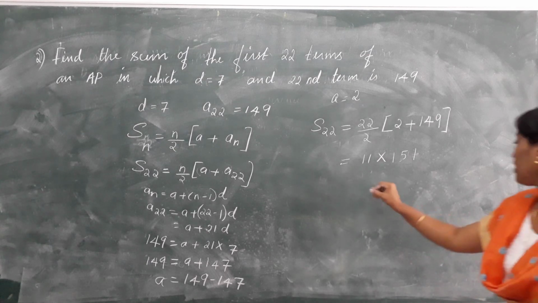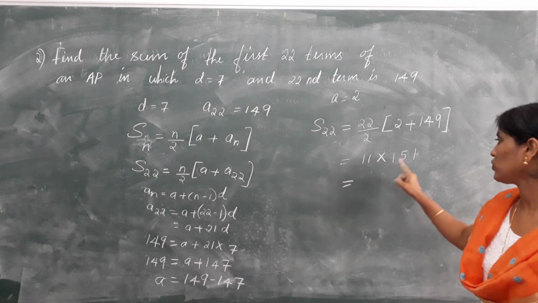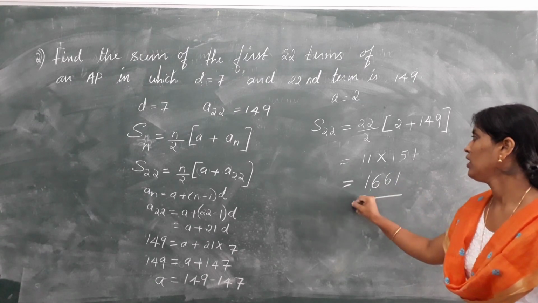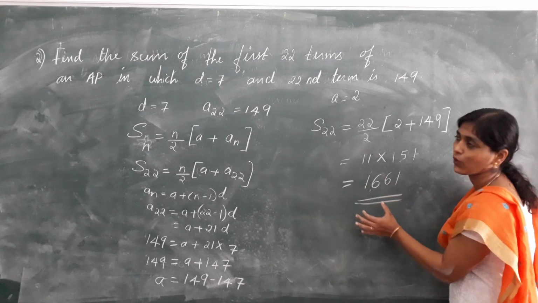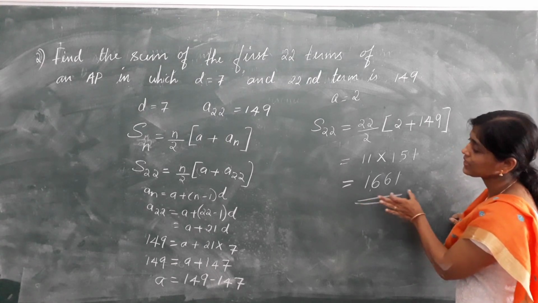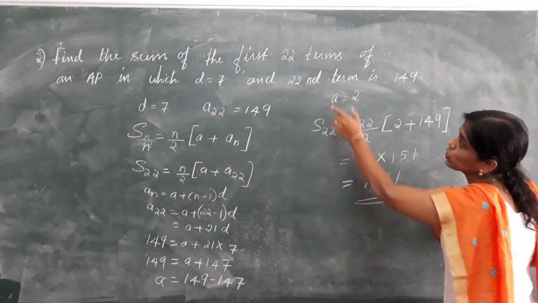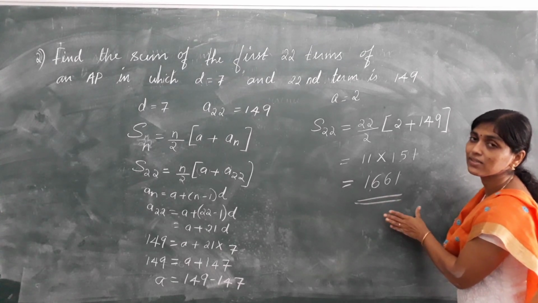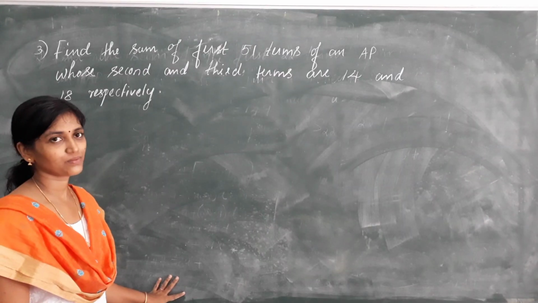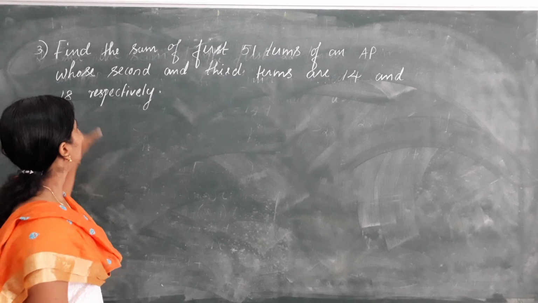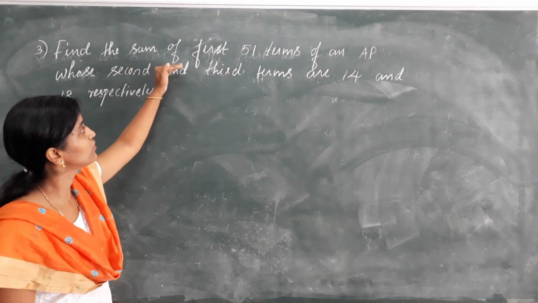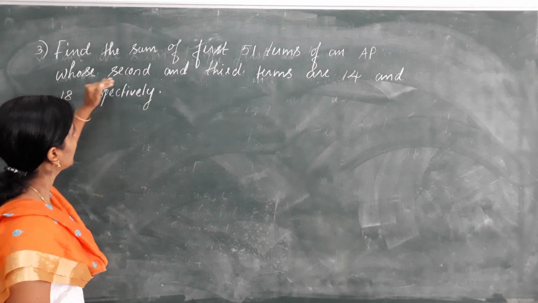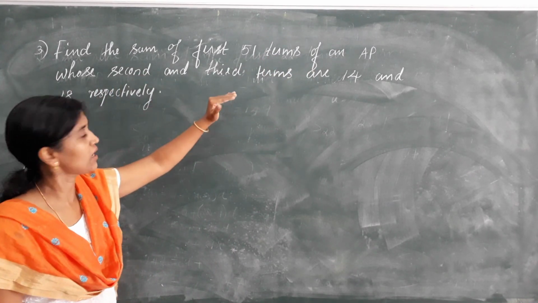So 11 into 151, the product you are getting is 1661. So S22 is equal to 1661. So the sum of the first 22 terms of the AP is 1661.